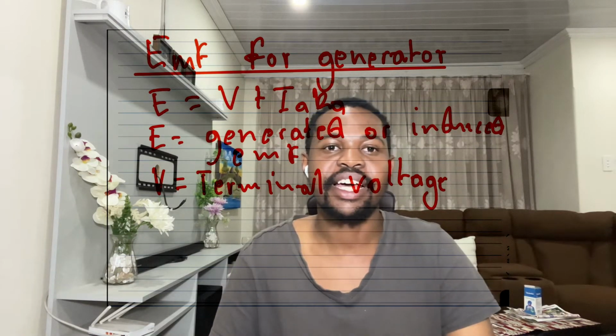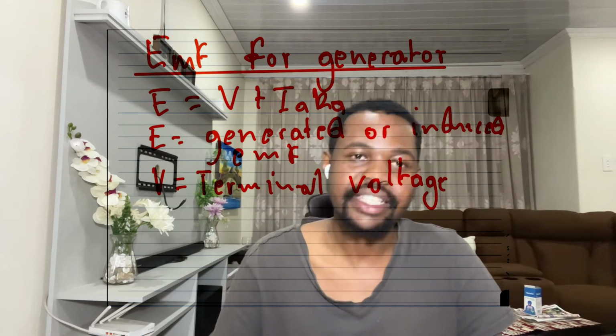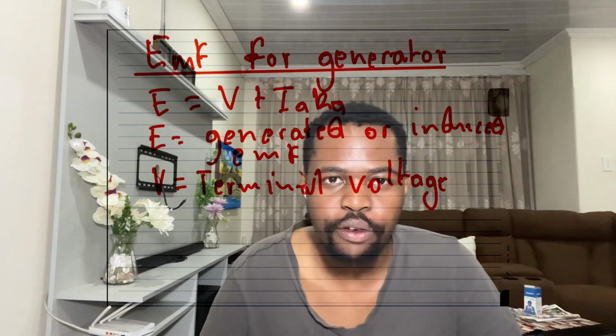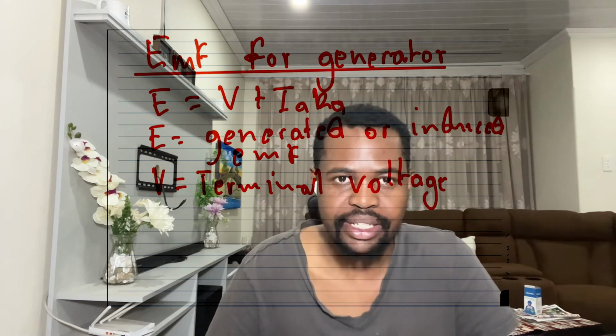A DC generator has an internal voltage drop due to the resistance of the armature windings.